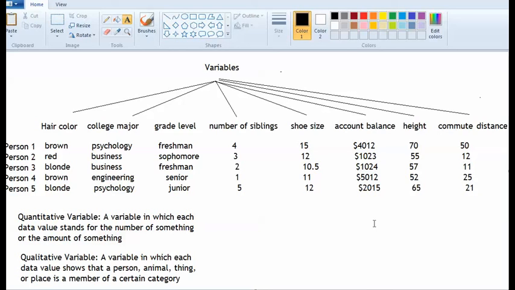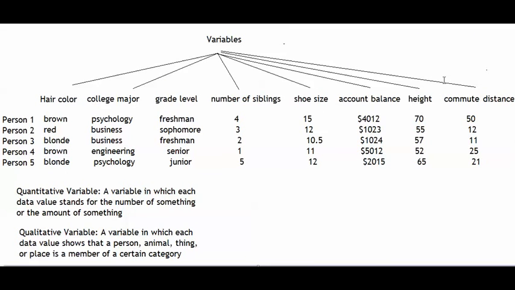Social security number, driver's license number, and jersey number wouldn't be quantitative variables because a person's social security number, driver's license number, or jersey number doesn't stand for the number of something or the amount of something. Social security number, driver's license number, and jersey number would actually be qualitative variables.